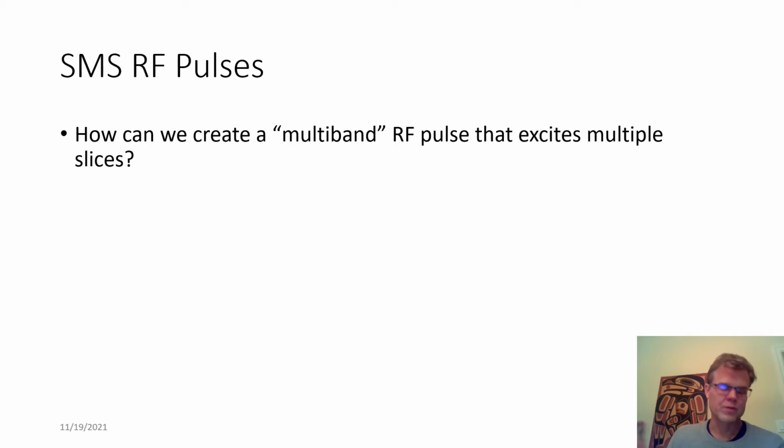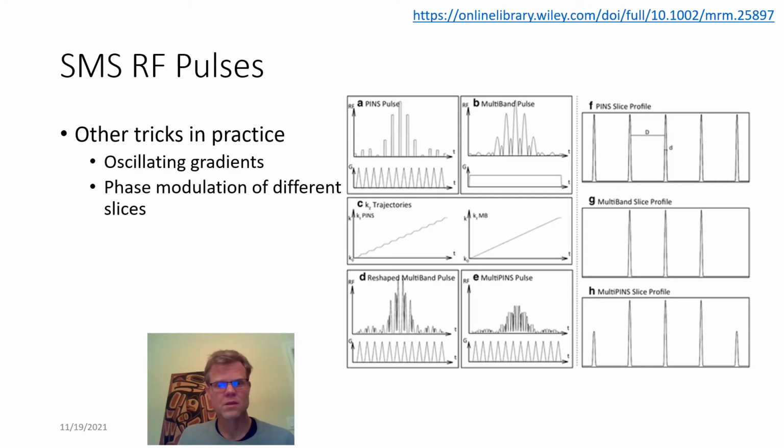Okay, so if we can do the reconstruction, that's fine. The other piece we need is to modify the RF pulse. We need to create a multiband RF pulse that's going to excite these multiple slices. And it turns out you can do this in a number of different ways. One, as you could imagine, is you just add up an RF pulse for different slices together.